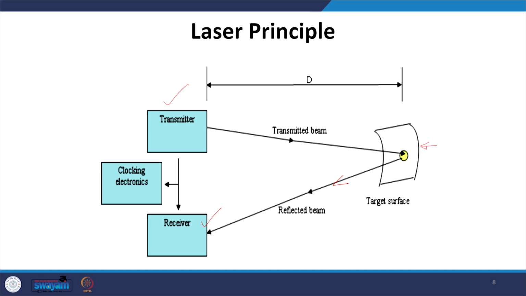The receiver unit will receive the reflected laser beam, and then the travel time will be calculated, and the distance D between the instrument and the object can be calculated with the help of the time of flight. So this is the time of flight approach, but there is another approach also, which is called the phase based approach, where the phase difference is measured to compute the distances.